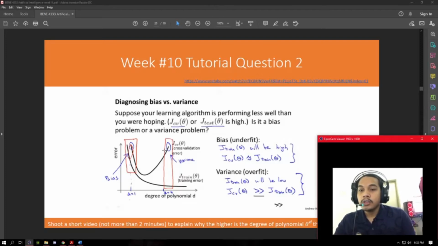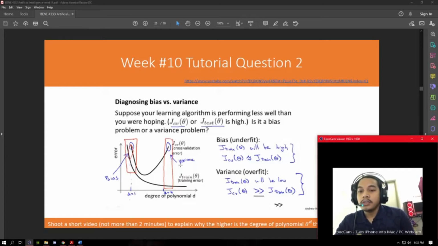So to distinguish between the two cases concretely, for the high bias case, that case is the underfitting. Both cross validation error and training error are going to be high.